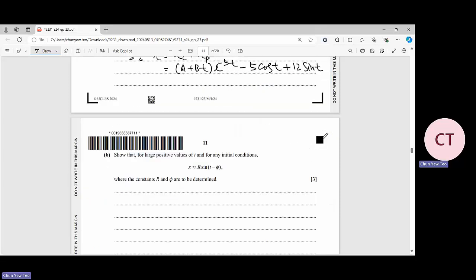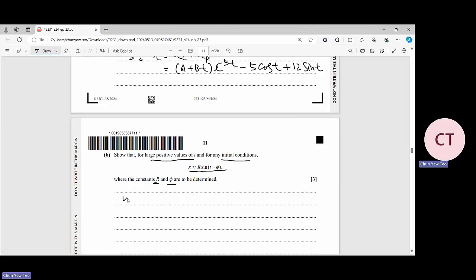Now we move on to question B. Show that for large positive values of t, for any initial conditions, x will be approximately equal to r sin(t minus phi), where the constants r and phi are to be determined.